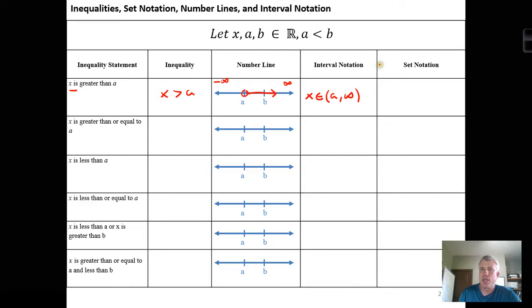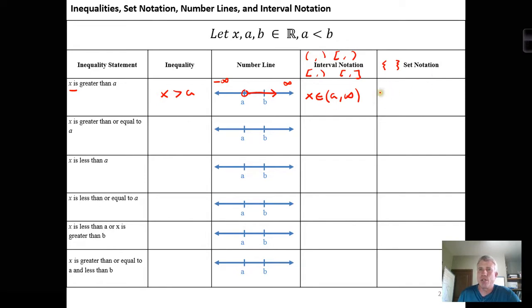Set notation happens when we enclose things in curly braces. Interval notation is some combination of things being held together with either square brackets or a combination of square brackets and parentheses. There are four different ways you can combine parentheses and square brackets.